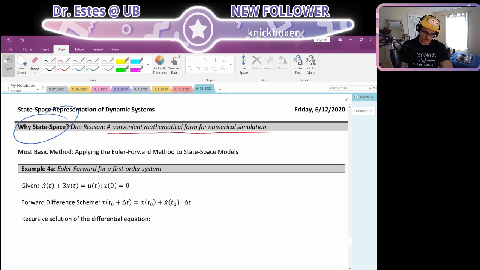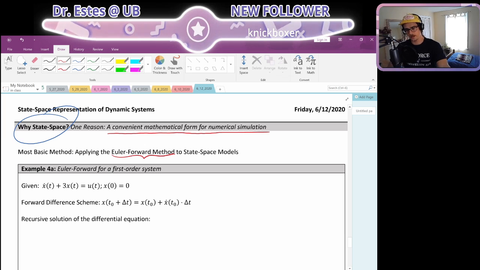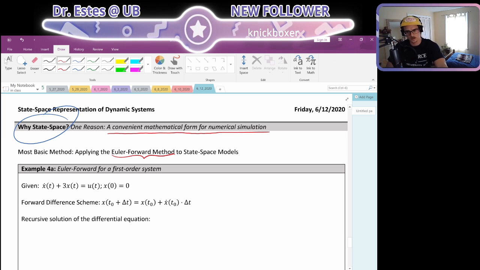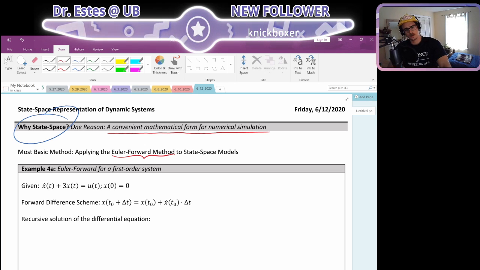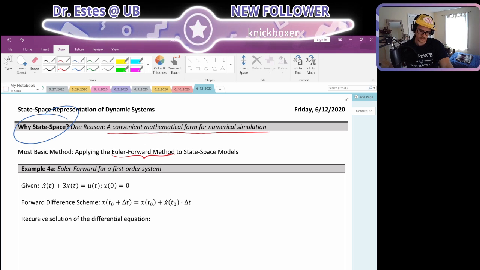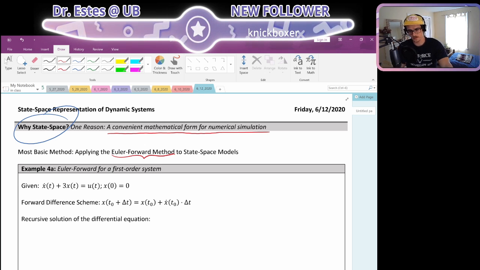Have you heard of the Euler forward method? You probably have at some point. And even if they didn't call it this method, I think you might be familiar with it. So I'm going to show you how you apply it to a first order system.